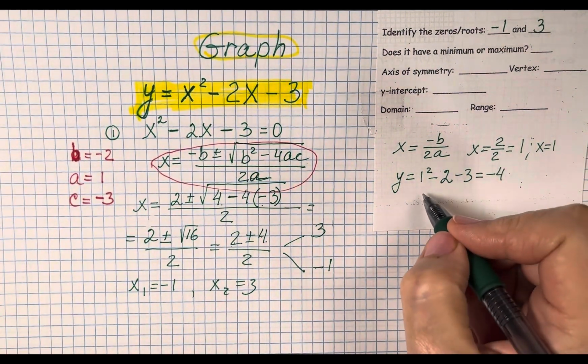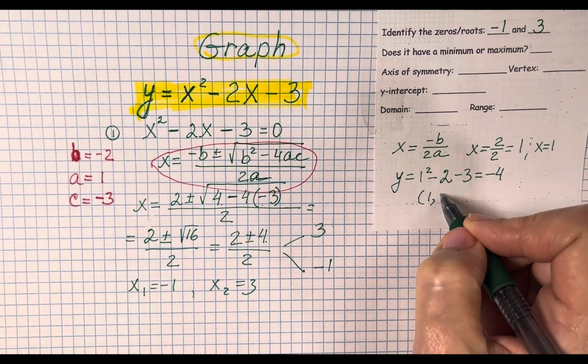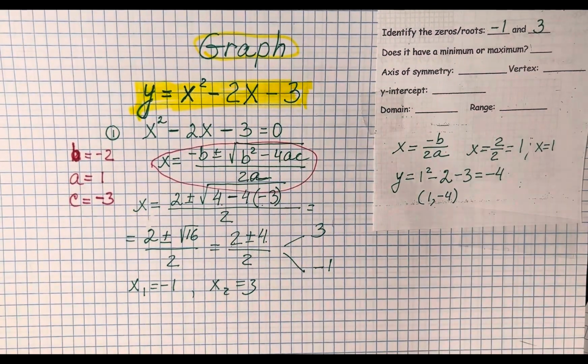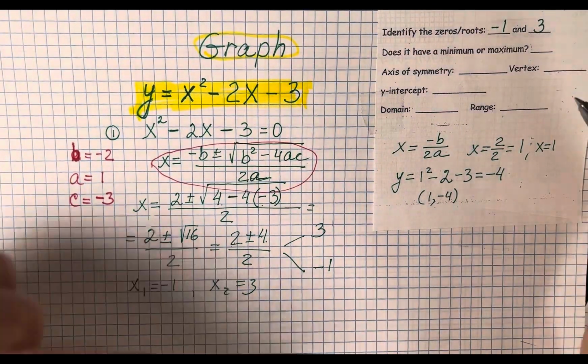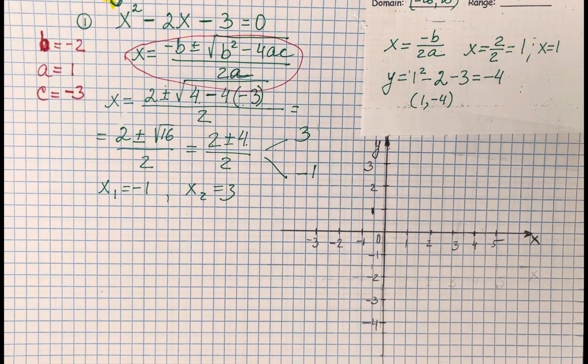So the vertex is located at the point (1, -4). So we answered this question. And now we're ready to graph this function.